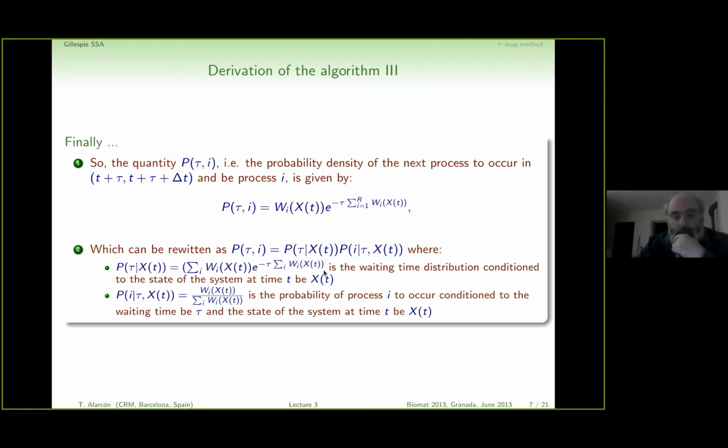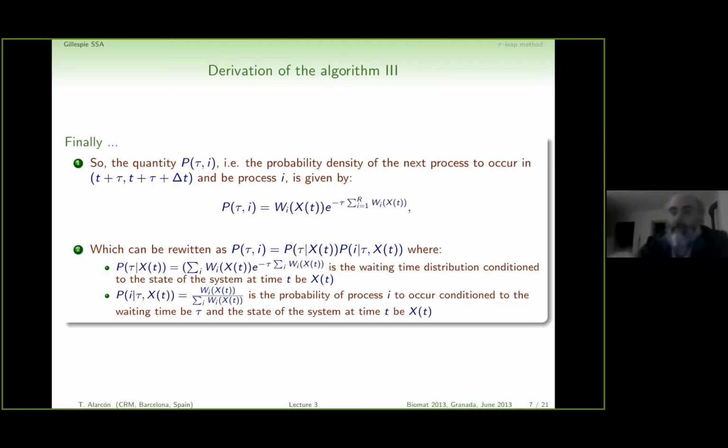So again, this is the waiting time distribution conditioned to the state at time t being x of t, and here we see that this is an exponential distribution. This is what we were saying at the beginning of the lectures, that the Markov property is very much related to the fact that the waiting times between events are exponentially distributed. Here we see this explicitly.